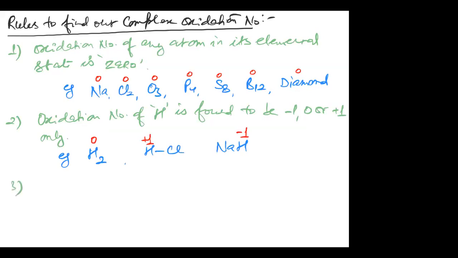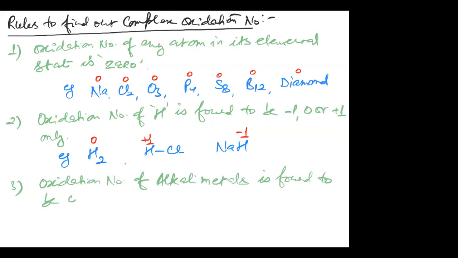Similarly, the oxidation number of alkali metals is found to be 0 and +1 only.